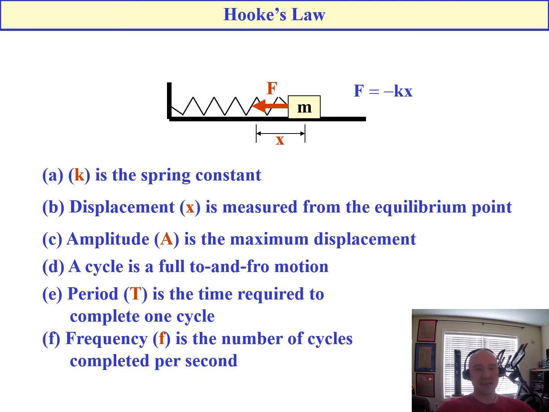It oscillates millions and millions of times every second. To say it takes this many seconds to complete one cycle doesn't really make much sense. It makes more sense to say it completes 30 million cycles every second. So the period is measured in seconds, but 1 over seconds for frequency is what we refer to as hertz. A capital H, lowercase z, is the unit that we use, and it's called hertz.